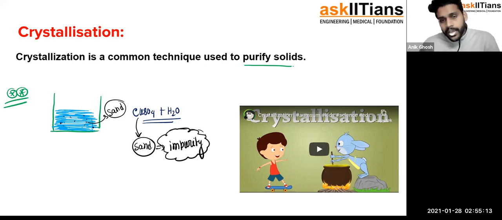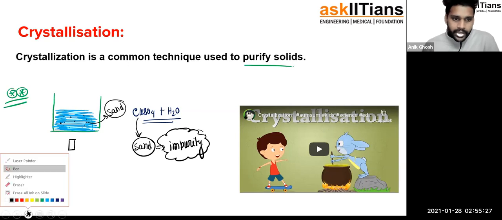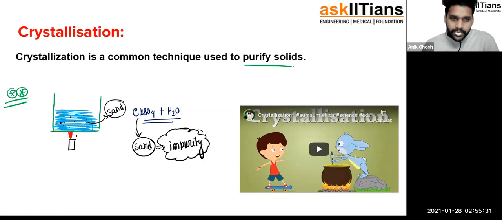Now the thing is, if you just try to crystallize it, how would you be able to do it? First, you need to heat this first, and you need to keep on dissolving copper sulfate in it until it gets saturated at the elevated temperature.